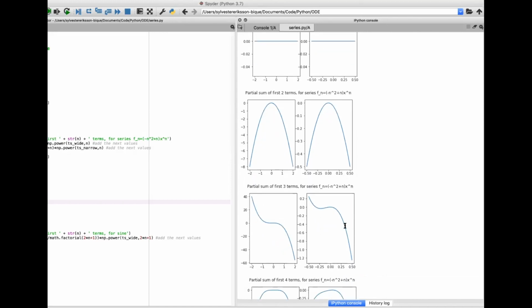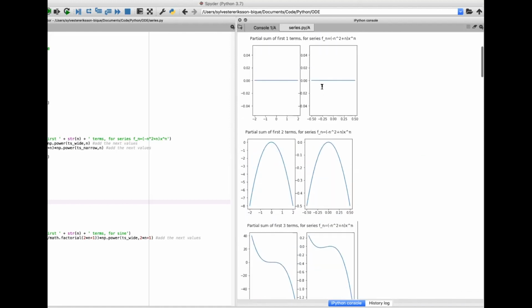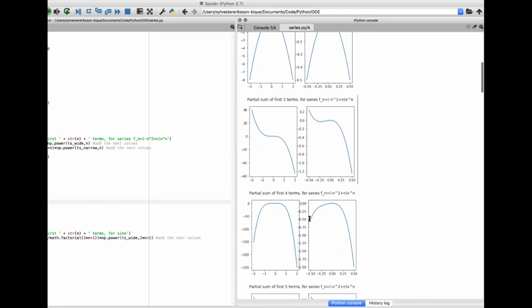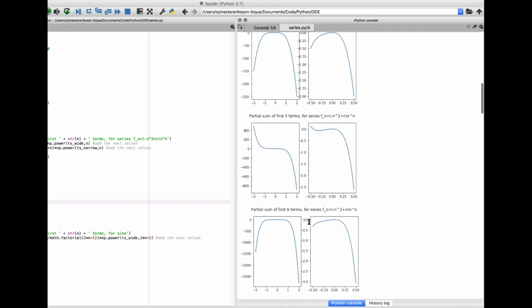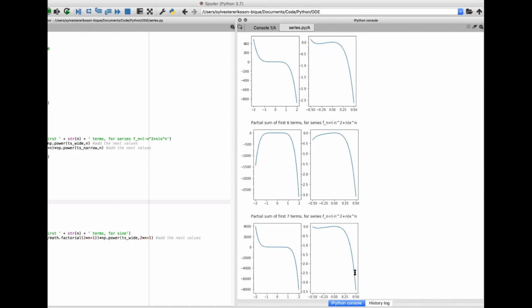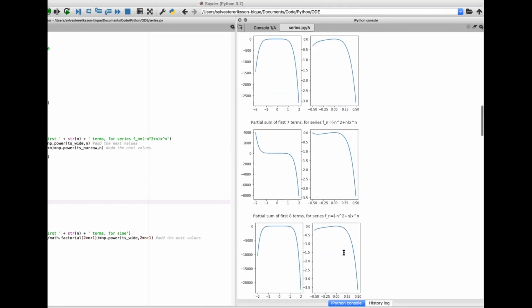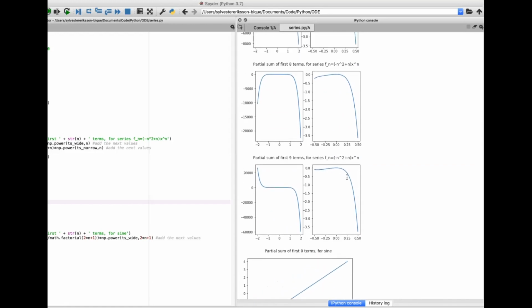And as you notice, every time the function changes shape a little bit. Initially quite a lot, because the first few terms are quite big, but then the changes become more minor. The quadratic term, the quintic term, the sixth degree term, and after that we start to see that the differences become very minor. And eventually we converge to this picture.